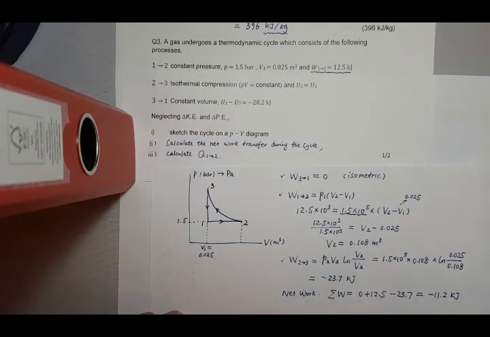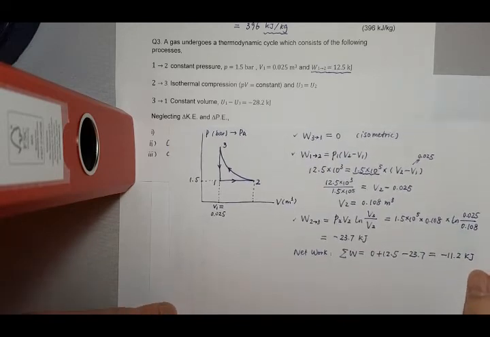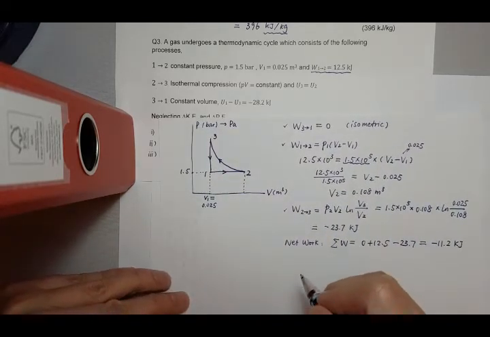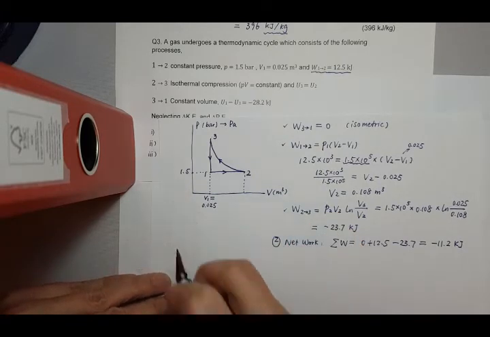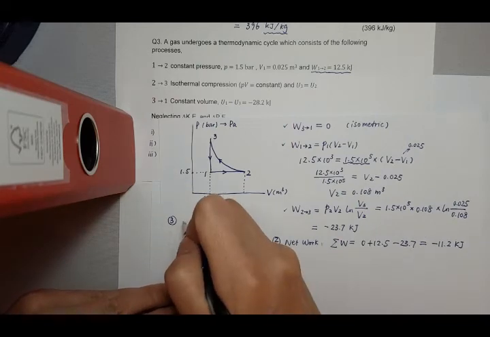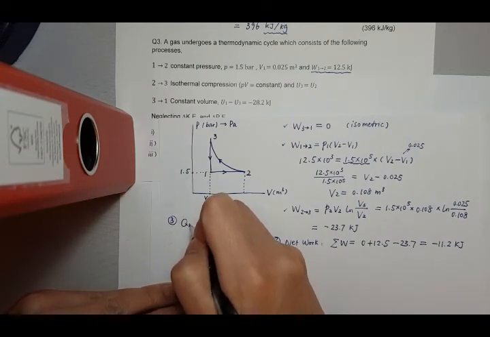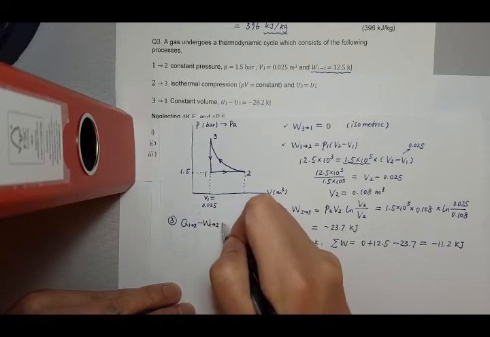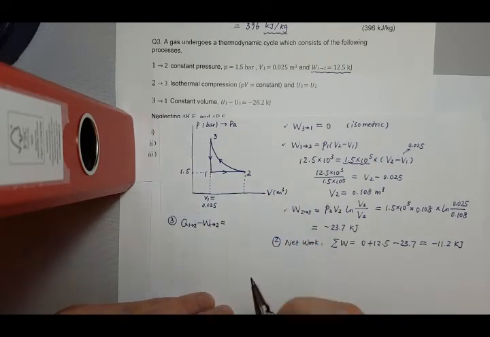First of all, I'm going to write here. This is the second question, and this is the third one. First of all, I'm going to write Q minus W. I'm going to write that equation.